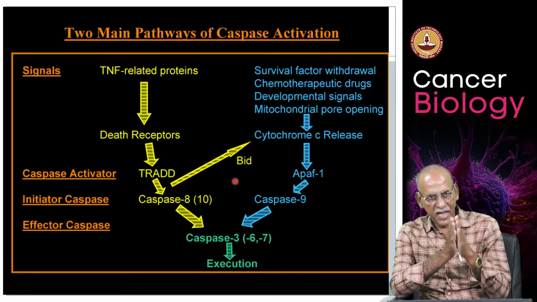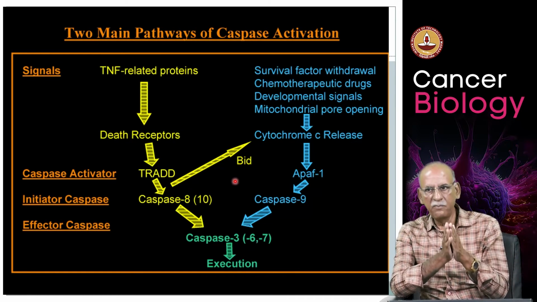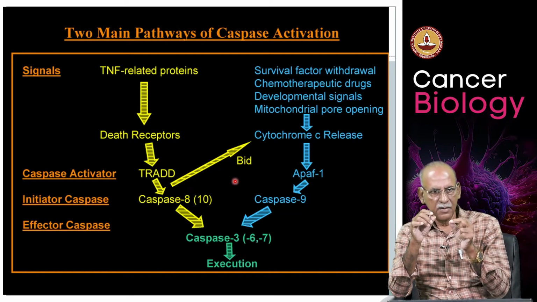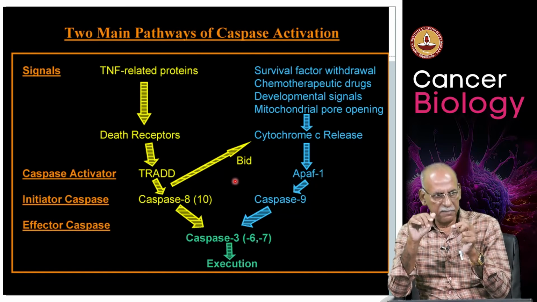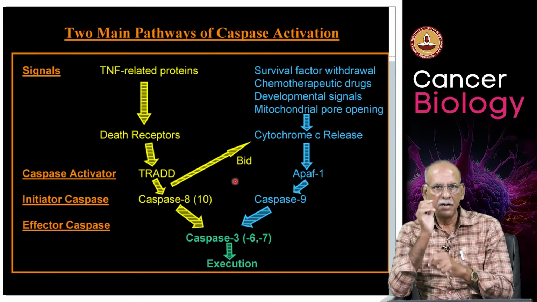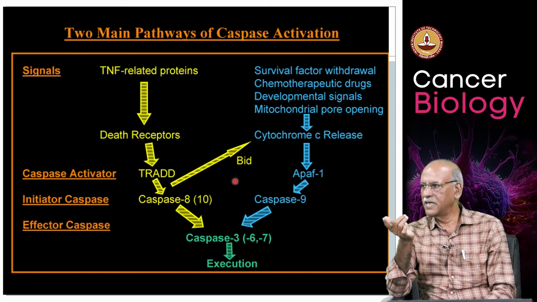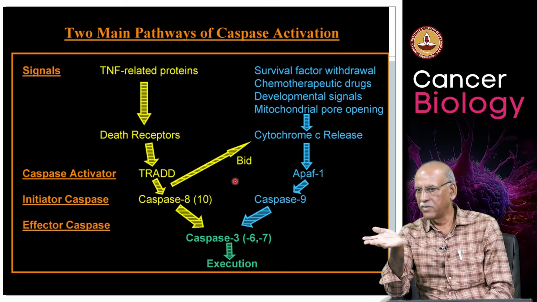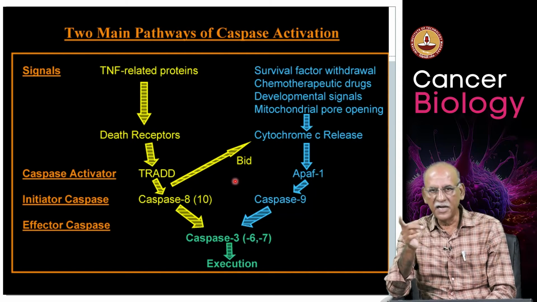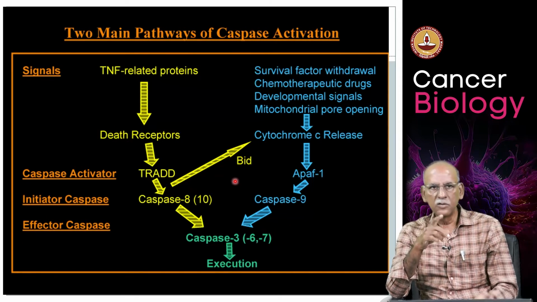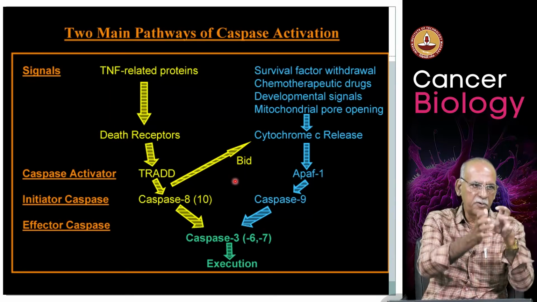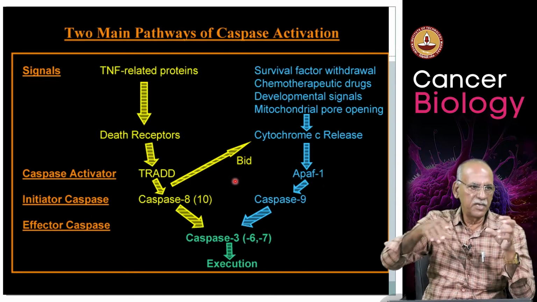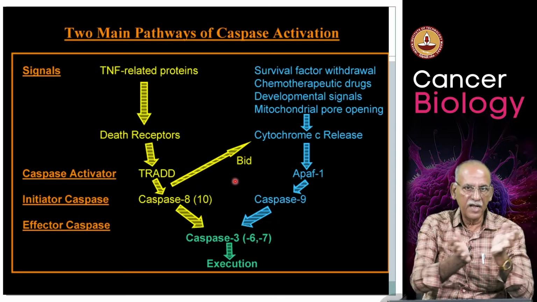So, caspase 8 can cleave BID. BID is a protein and it becomes truncated. So, it is called tBID, truncated BID, and that is an inducer of cytochrome C release from the mitochondria. So, this is a connecting point. So, these act as a circuit, right. These are not operating individually, they are well connected with each other.